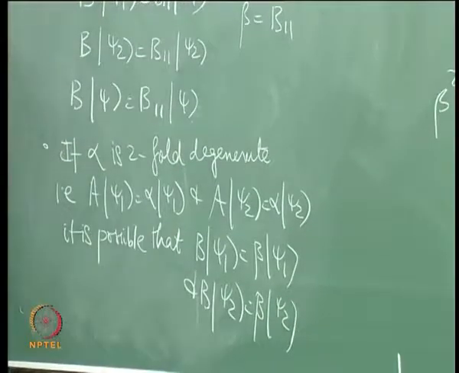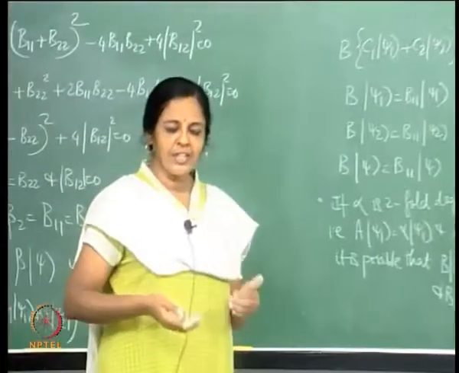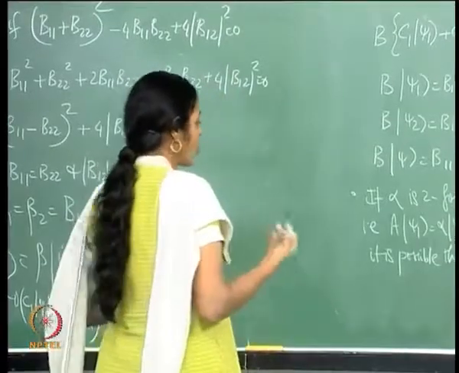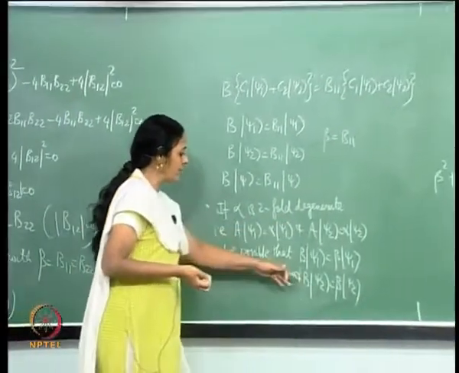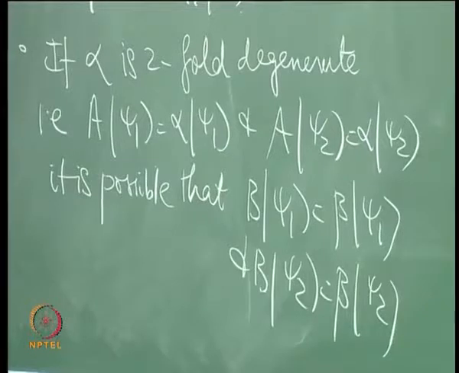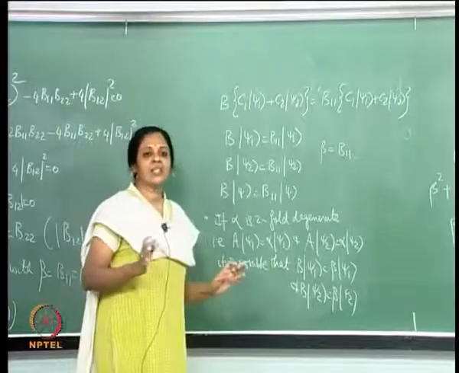The degeneracy is not lifted, and the set of eigenstates of A are also eigenstates of B. We have found that set. So, we have a complete set of common eigenstates of A and B. The degeneracy has not been lifted.